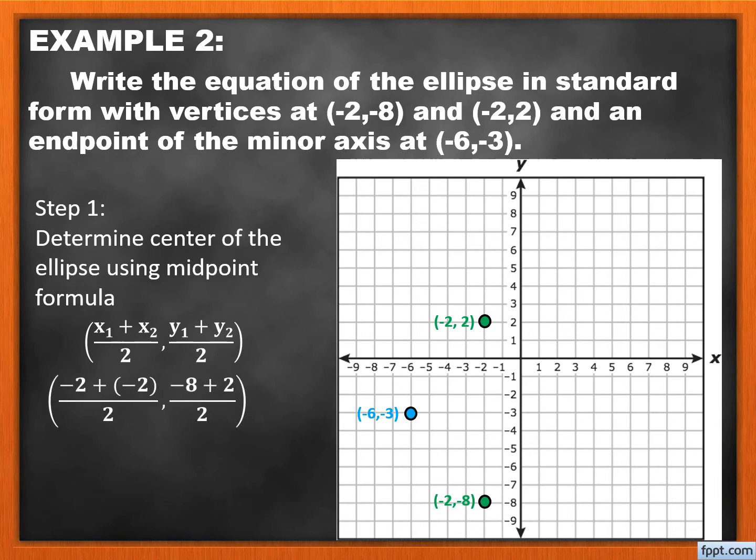By replacing the values, we have (-2 plus -2) over 2, (-8 plus 2) over 2. We have -4 over 2 and -6 over 2. Therefore, our center is at (-2, -3).